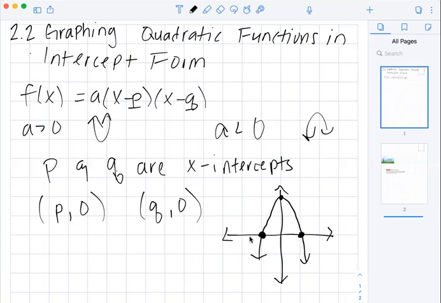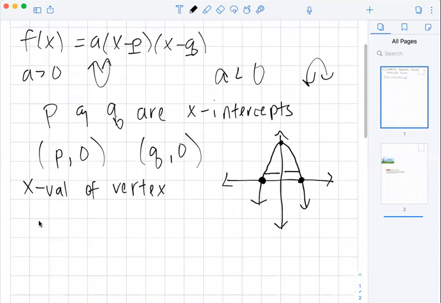Since our parabolas are symmetric, the x value of the vertex is going to be an equal distance away from your x-intercepts. If the x value of your vertex is halfway in between your intercepts, then to find the x value of the vertex, and this is an important formula that you'll want to write down, x equals (p plus q) divided by 2.